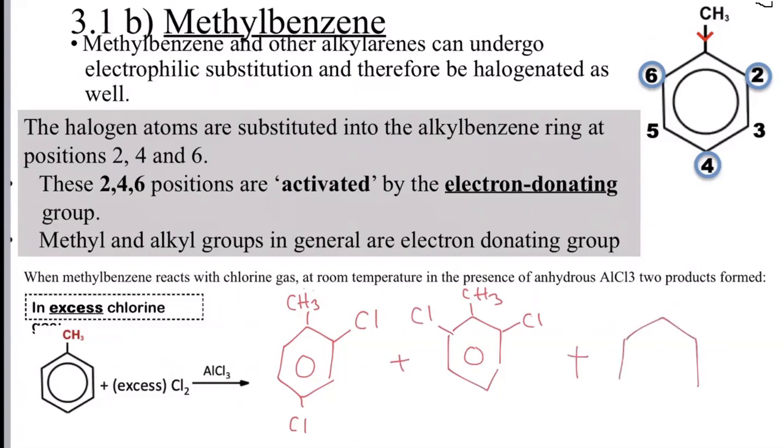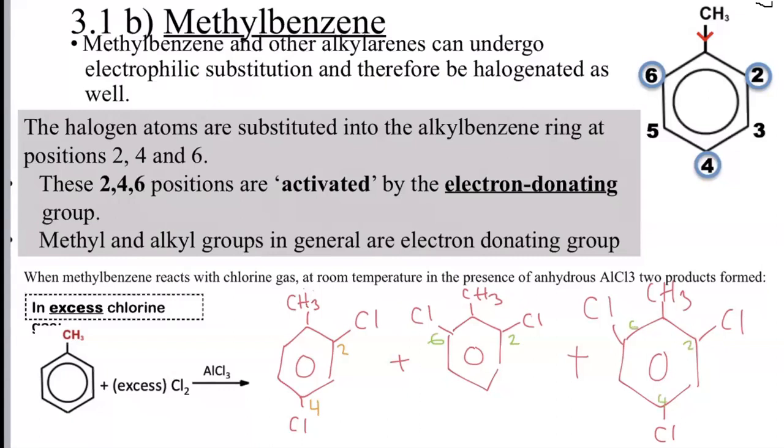Is when you have 2, 4, 6. Okay, so this happens when you have excess chlorine. Let me just number them first. That's 2, 4. This is 2, 6. This is 2, 4, 6.